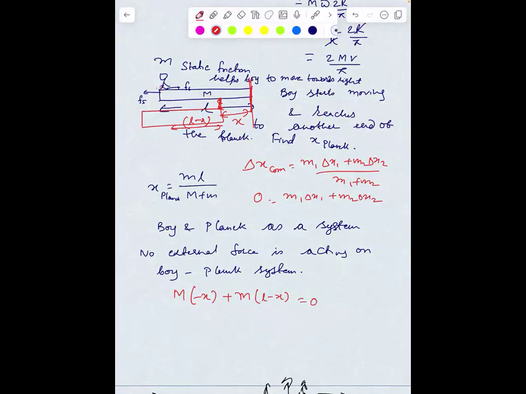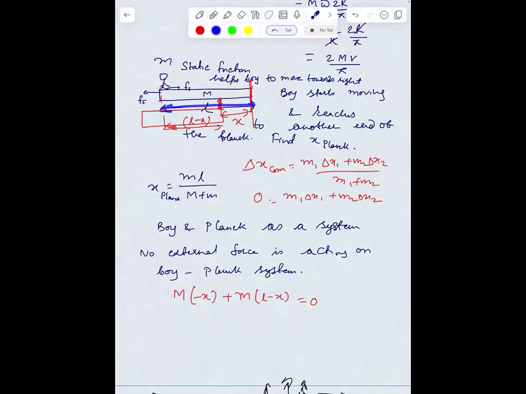Those students having confusion, just listen to me very carefully. You will understand. This is the position of the boy earlier, and this is the position of the boy now. How much did the boy shift? This much, which is L minus x. How can you say this is only L?